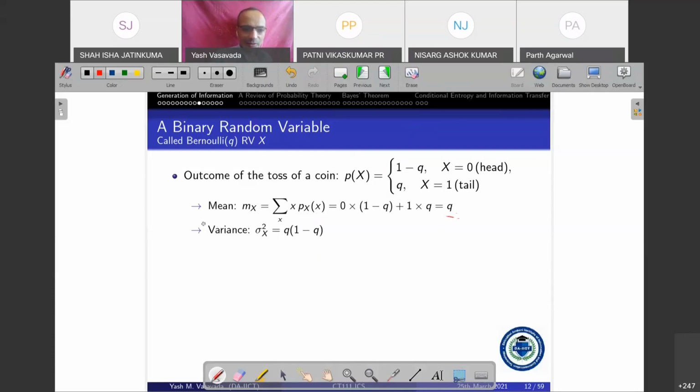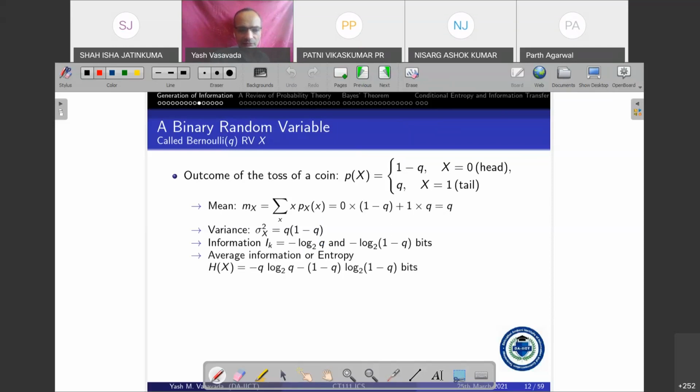And the variance takes this particular expression. It is Q times 1 minus Q. The information for individual symbols, 0 or 1, is defined as negative log base 2 of Q and negative log base 2 of 1 minus Q in terms of bits. And finally, the average information is given by this formula.